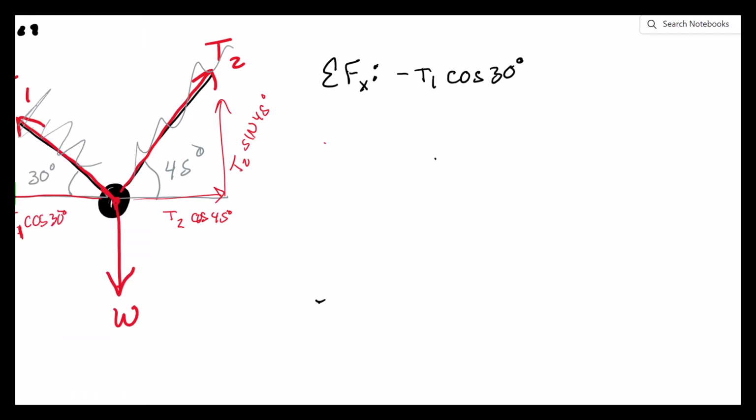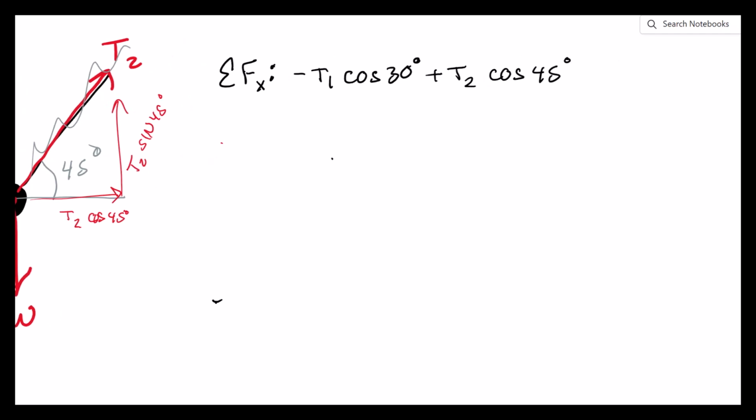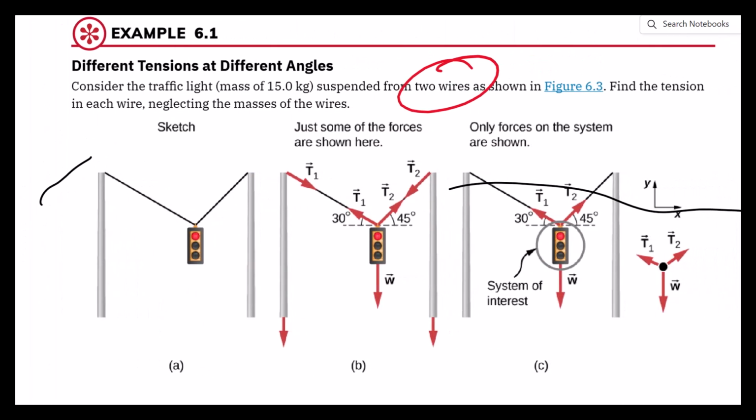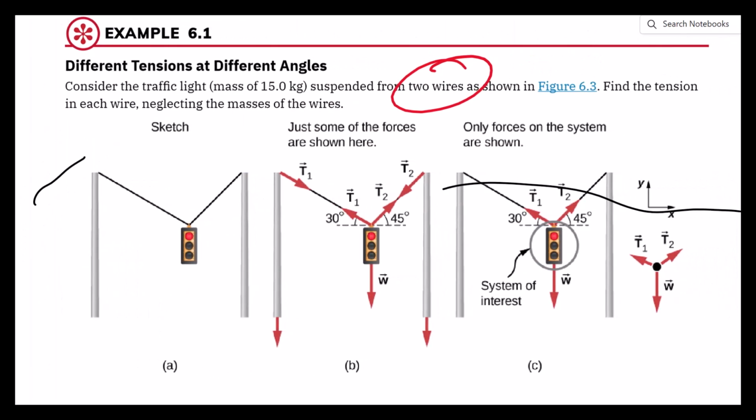And then I have T2 cosine 45 degrees, and that equals mass times acceleration in the x direction. Now, it doesn't tell me, but I'm assuming that this isn't moving.